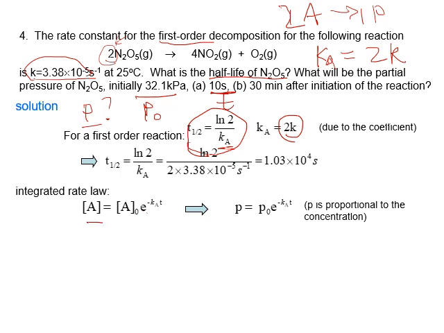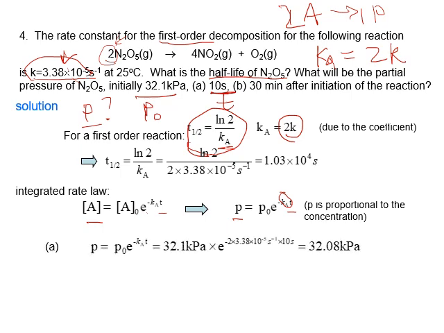That's the concentration, or partial pressure, as a function of time. But remember, the k here is the effective k, so it's twice the reaction rate constant. So for A, the time here is 10 seconds. The initial pressure times e to the negative 2k times t gives you 32 kilopascal.